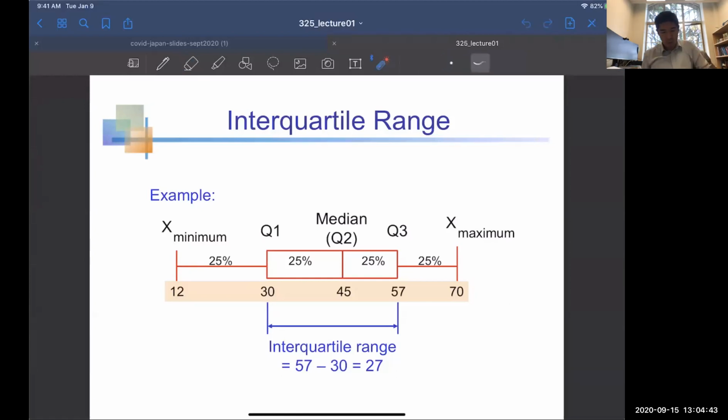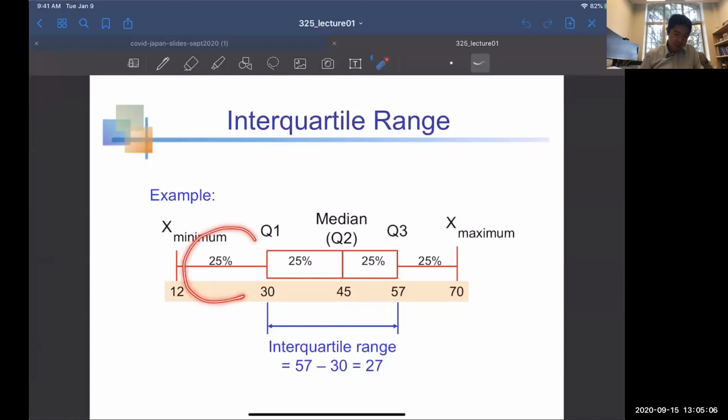Okay, so what is the idea behind the interquartile range? So you can always rank or order the value of variable x, okay, from the lowest to highest. And then you're gonna split this observation into 4 groups.